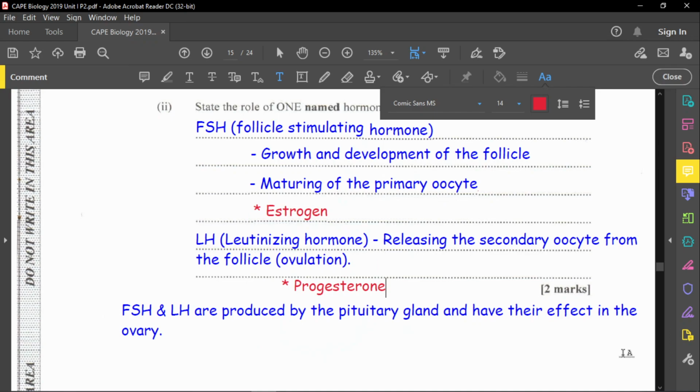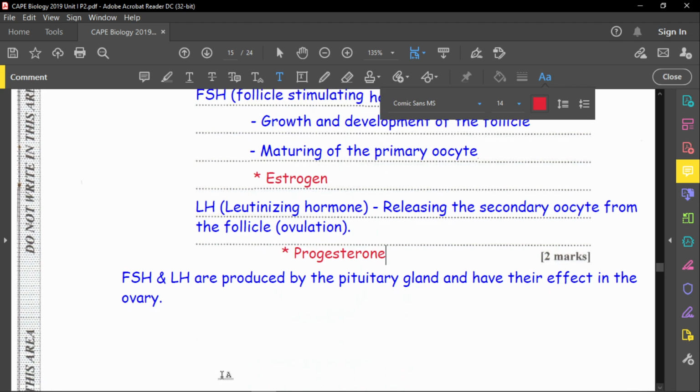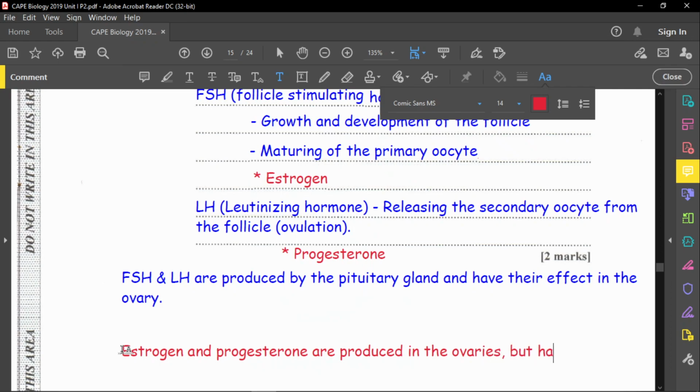Let me write that down real quick. Another point to note is that estrogen and progesterone are produced in the ovaries but have the effects in the uterus.